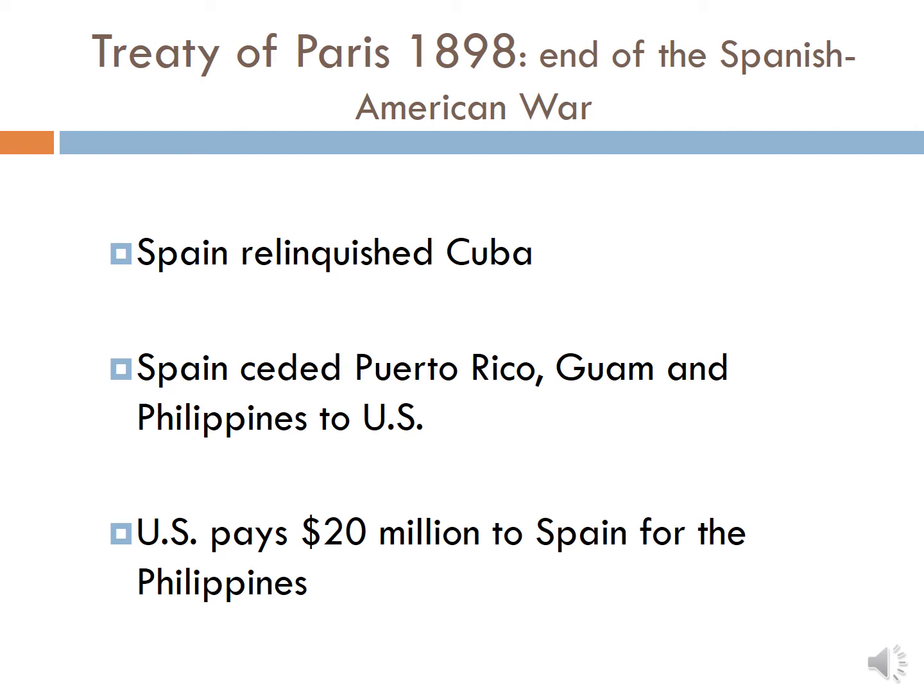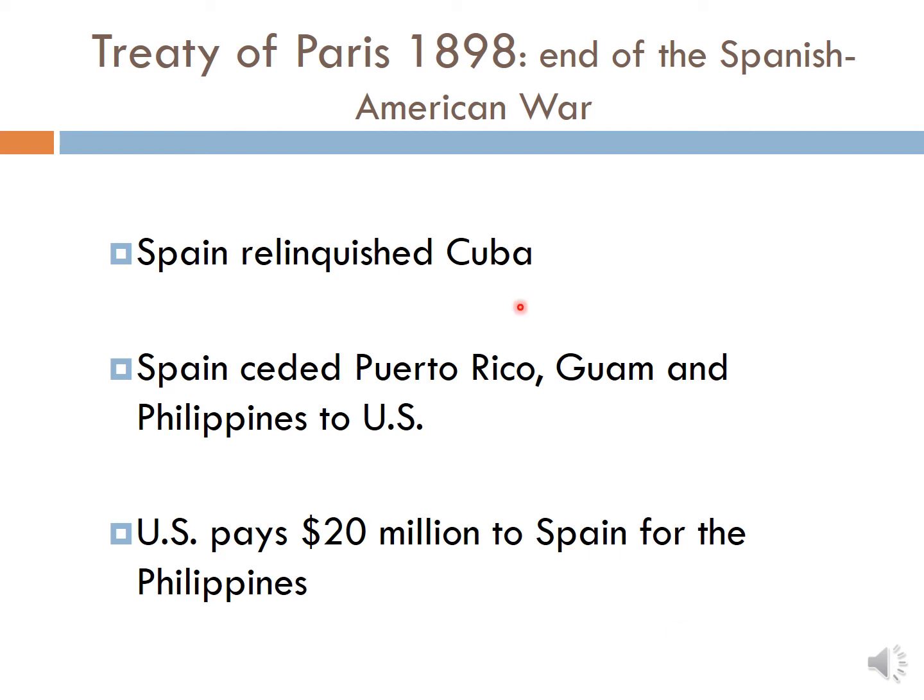So the United States is going to gain territorial control over Puerto Rico, Guam, and the Philippines. The United States will have to pay $20 million to Spain for the Philippines because the Spanish did not want to give up the Philippines. And we'll talk about why that is in a minute when we talk about the American Filipino War.